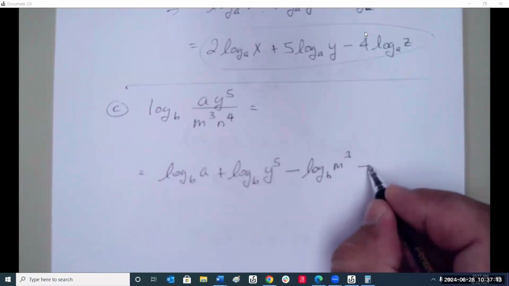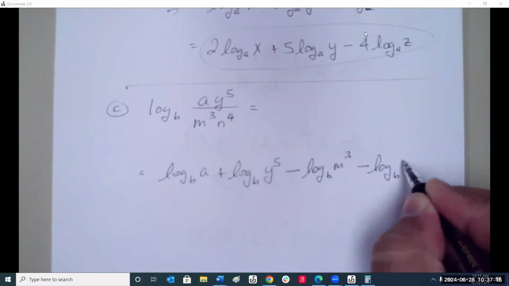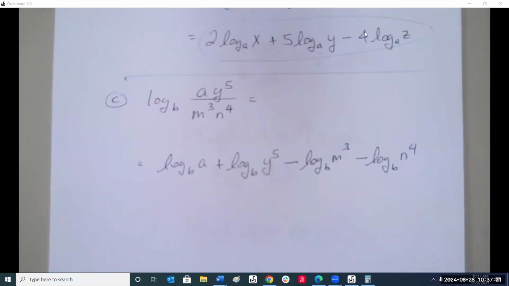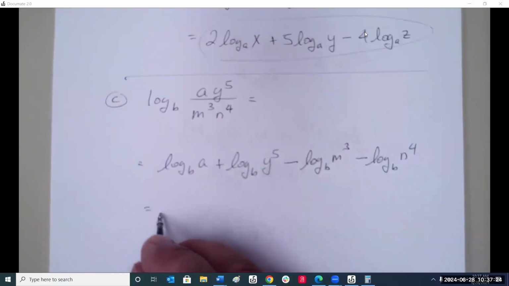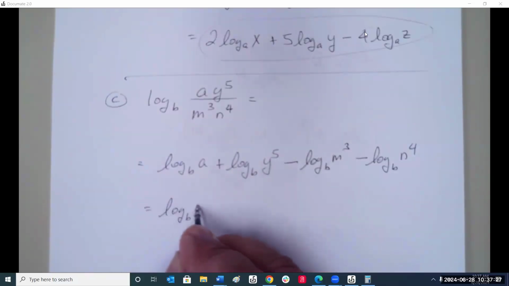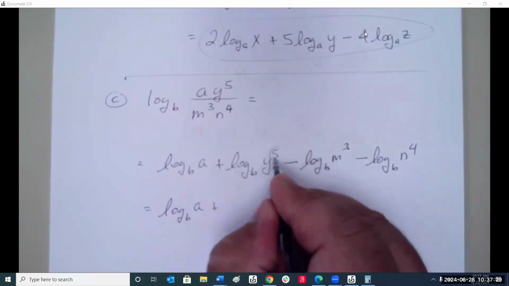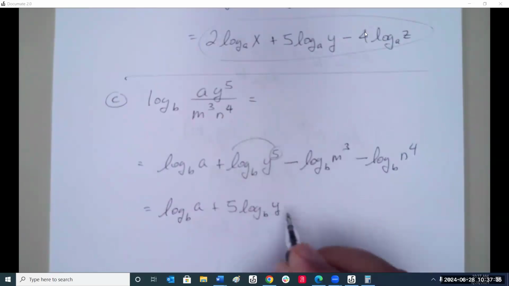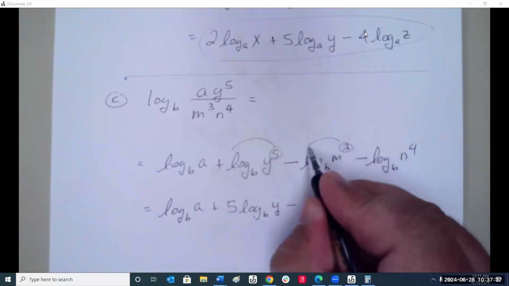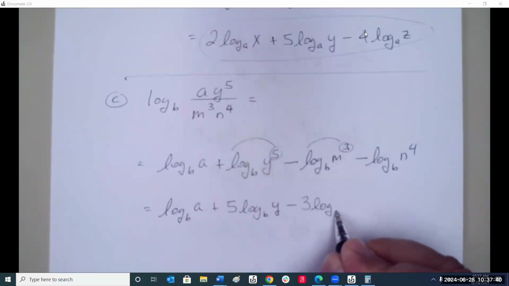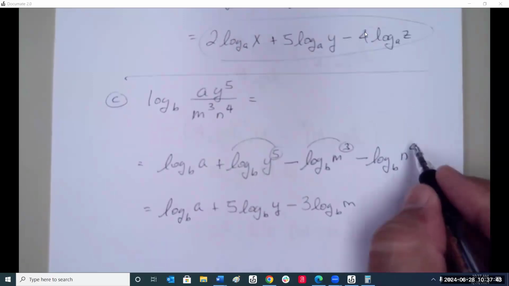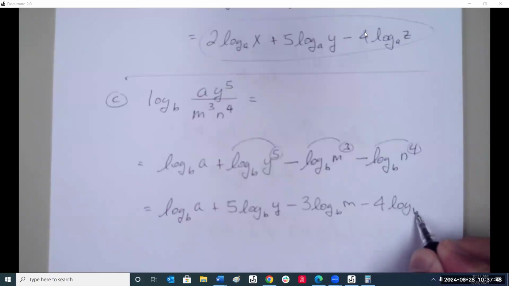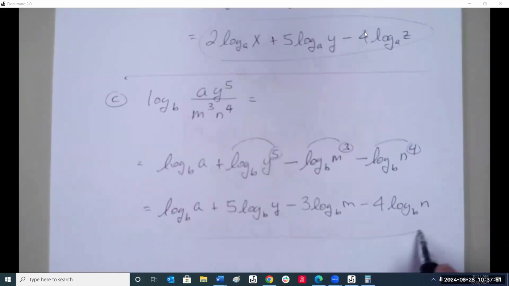And since that's on the bottom, minus log b of n to the fourth. Now get rid of the exponents. Log b of a plus 5 log b of y minus 3 log b of m minus 4 log b of n. And there's your answer.